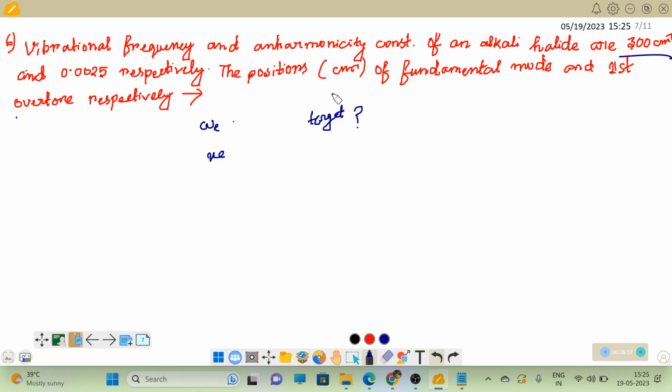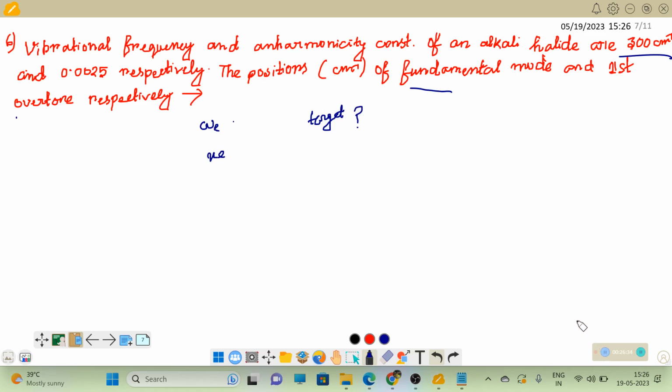So an image will be constructed in your mind, and you can easily come to the solution if you think. Here we have to calculate the positions of the fundamental mode and the first overtone.